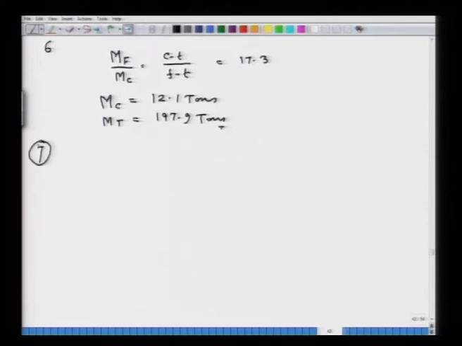In problem number 7, a flotation circuit is given which consists of rougher and cleaner. Now, in fact, let me give you a little bit of background of this flotation. In case of flotation, when the flow is very large, the concentration is carried out in several stages.